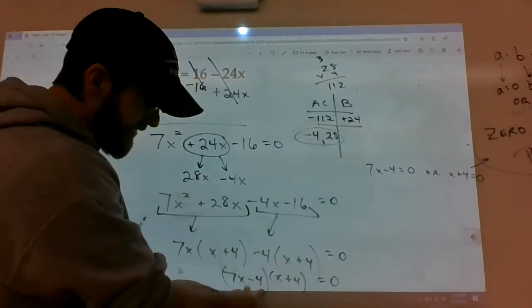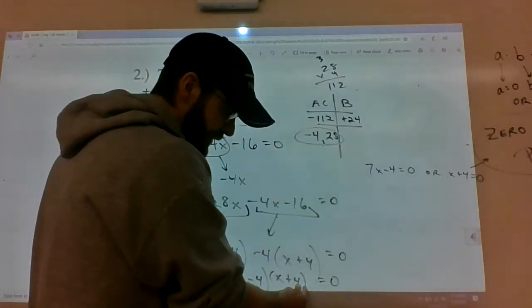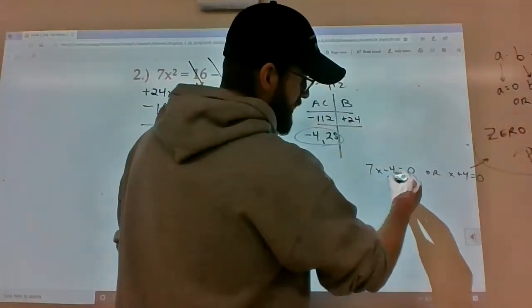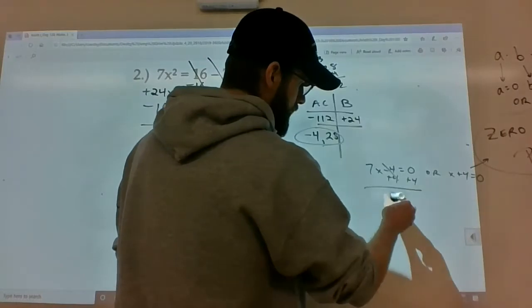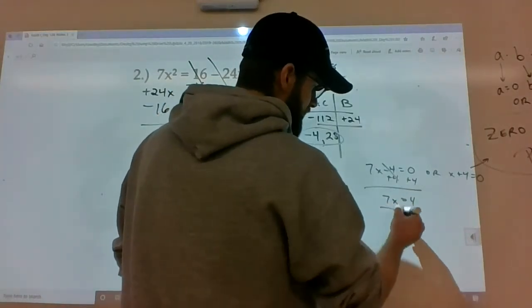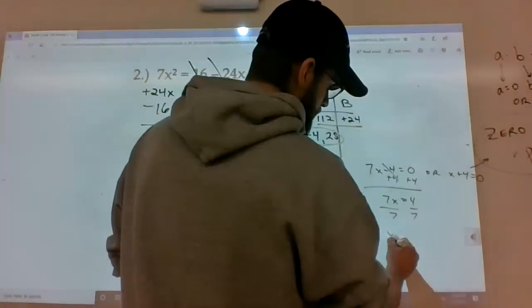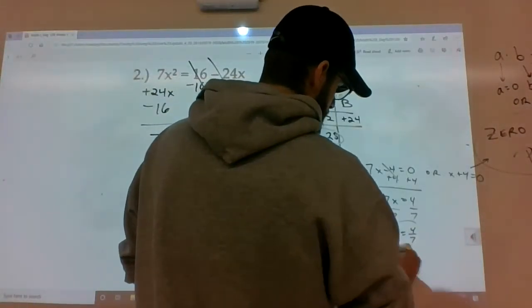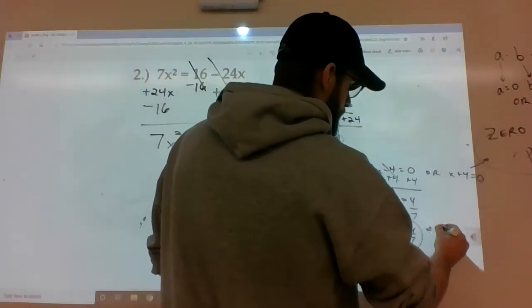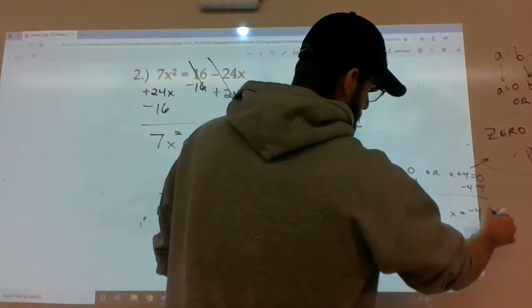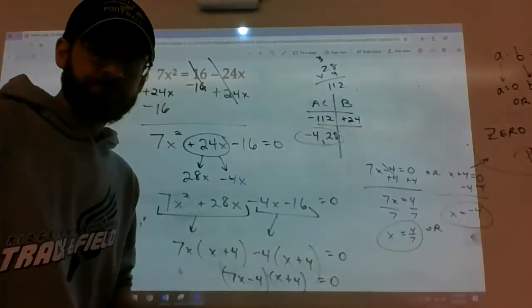It means that this term must be 0 or this term must be 0 if they're multiplied together. So you add 4, divide by 7: x equals 4/7. Or subtract 4, x equals negative 4. All right.